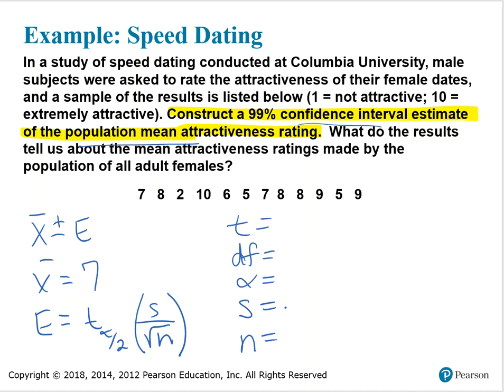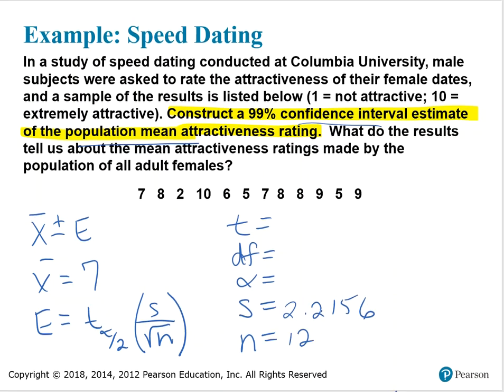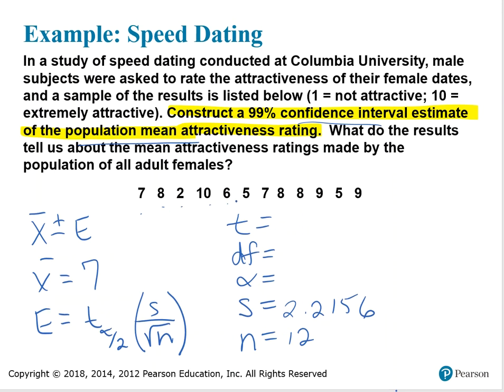The S is equal to 2.2156. N is equal to 12. The alpha is equal to 0.01, which means alpha over 2 is going to be 0.005.